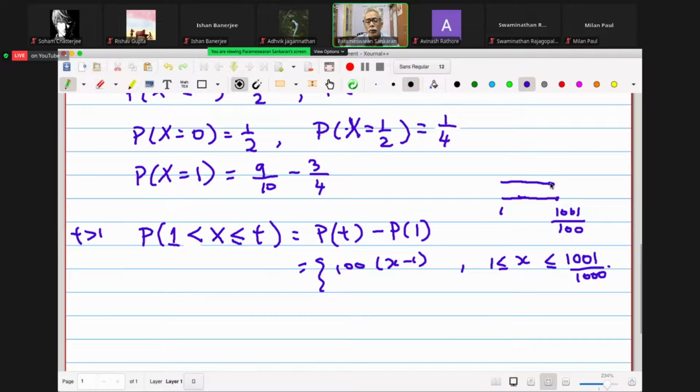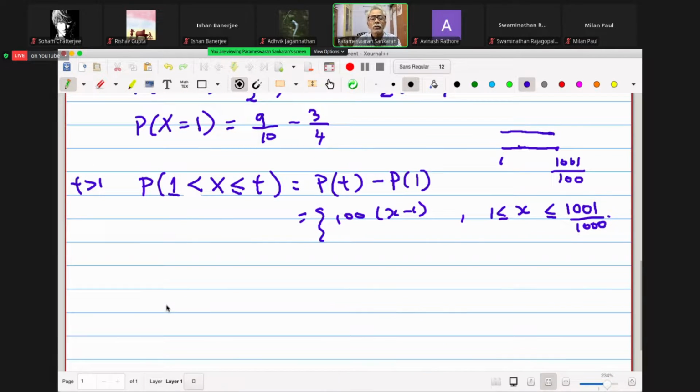Yeah, it's a constant. This is the density function. Okay, so that is it. If you are asked to give an x, this is a random variable.